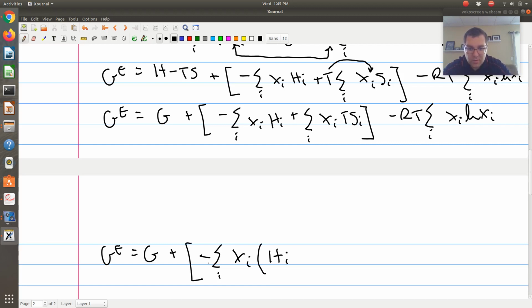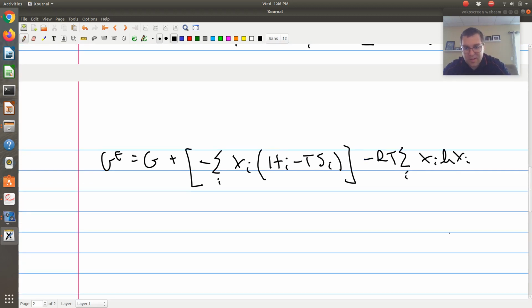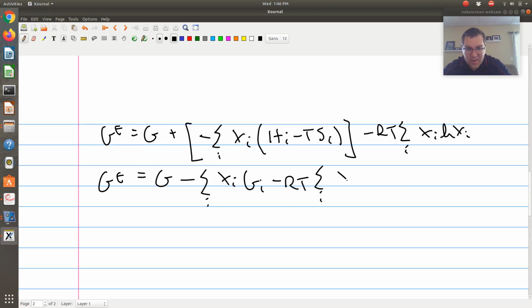Hi, so it's got a negative out here, minus T si, minus RT sum over i xi log xi. Hi minus T si, that's just Gi. So we get that GE is equal to G minus sum over i xi Gi minus RT sum over i xi log xi. All right, cool. Route 1.